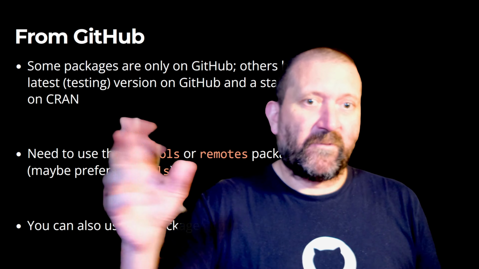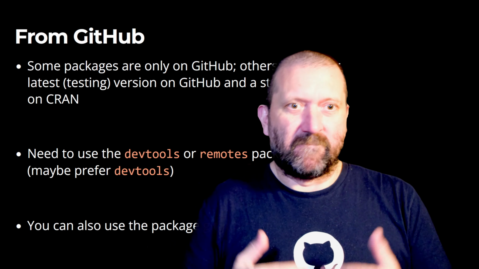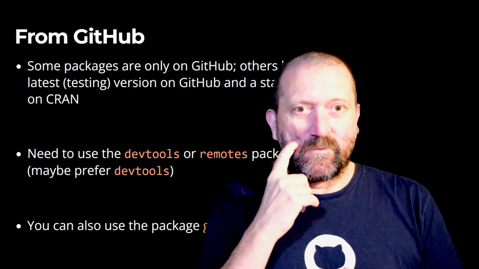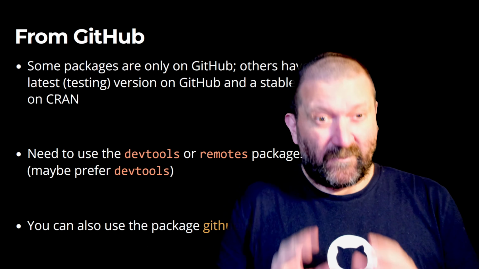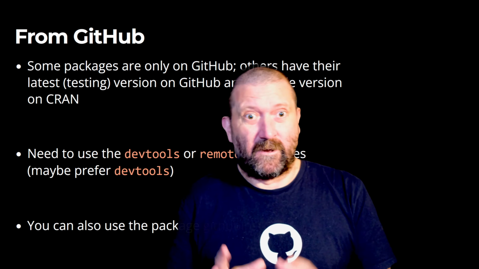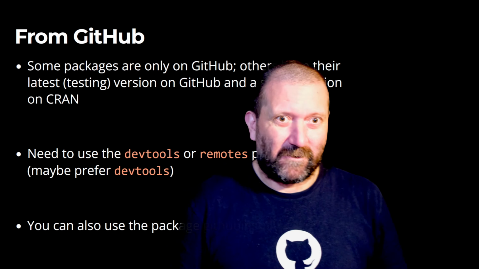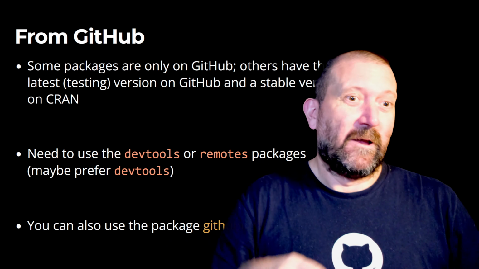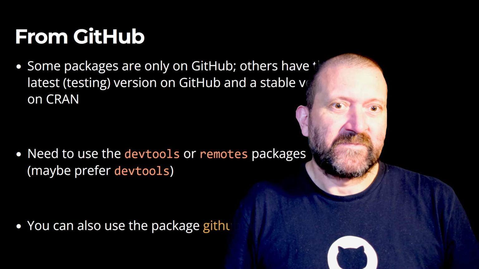Or another option is, if you're looking at a good, well-known package, it often happens that the testing, bleeding edge version of your package is on GitHub, and the stable version is on CRAN.